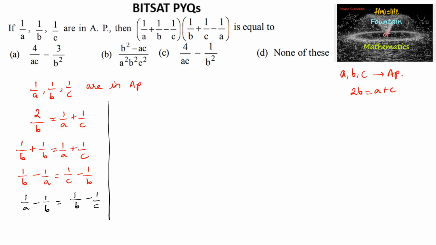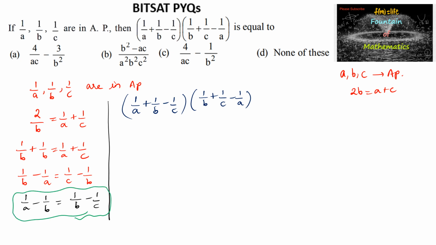So let us consider (1/a + 1/b − 1/c) × (1/b + 1/c − 1/a). In the first factor, 1/b − 1/c, we can add 1/a − 1/b, so we can write 1/a + (1/a − 1/b).